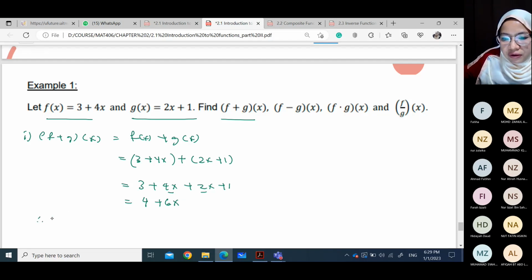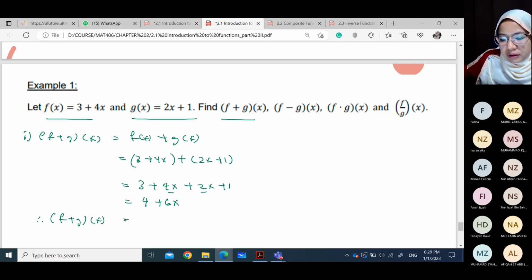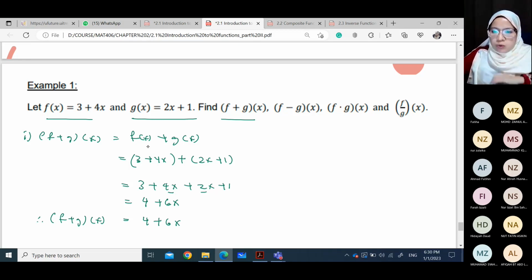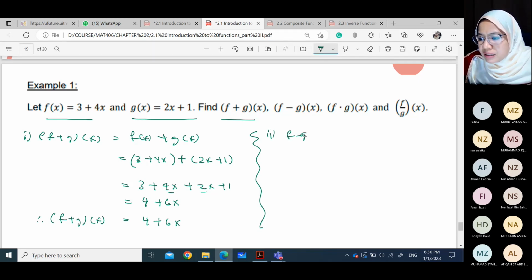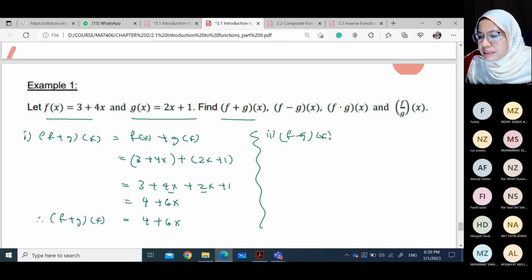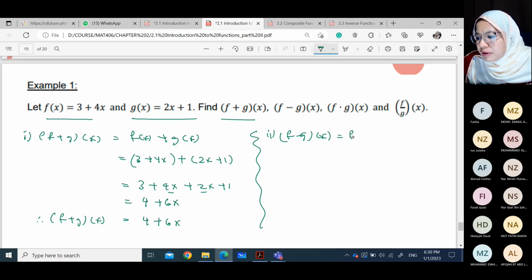Okay, so therefore, (f plus g)(x) is 4 plus 6x. Alright, itu untuk plus.